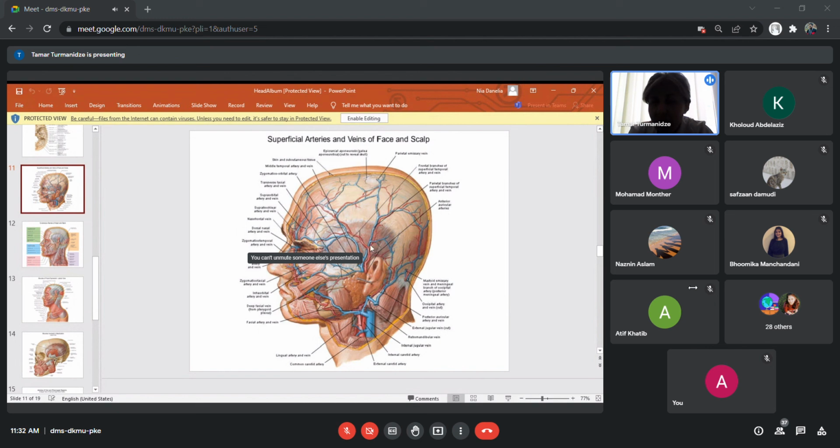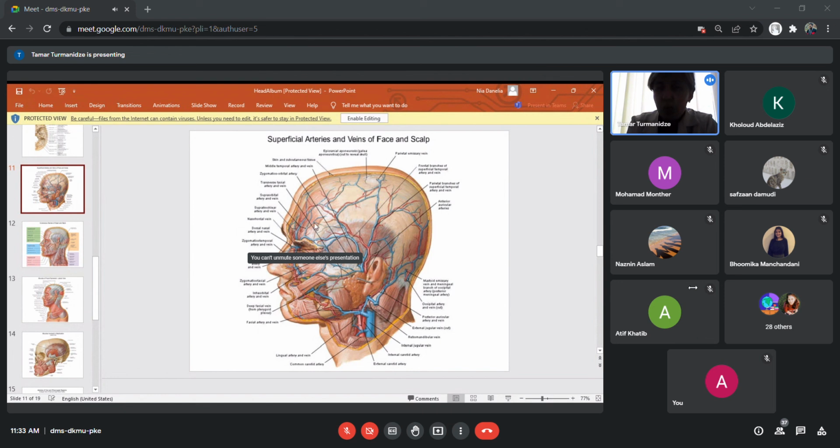It supplies the parietal part and the temporal region. These branches anastomose with each other, so the scalp has a very rich blood supply. Arteries are accompanied by same-named veins.